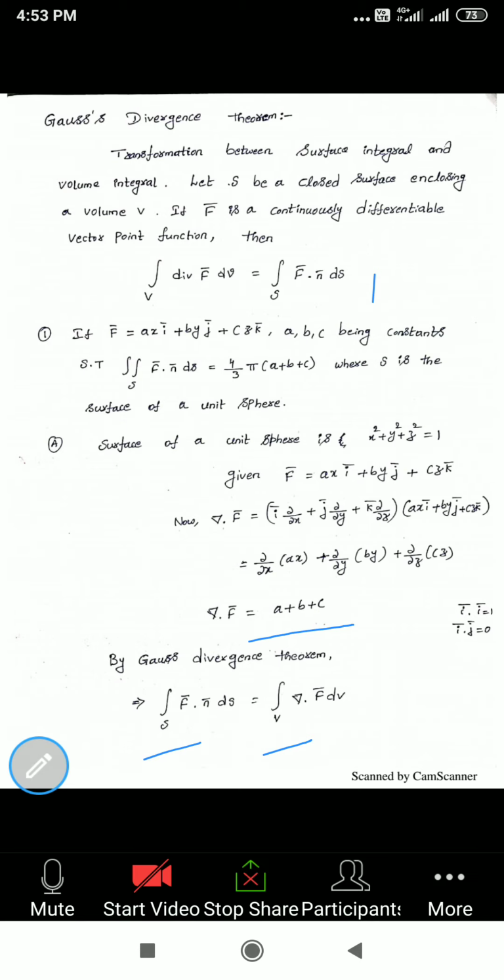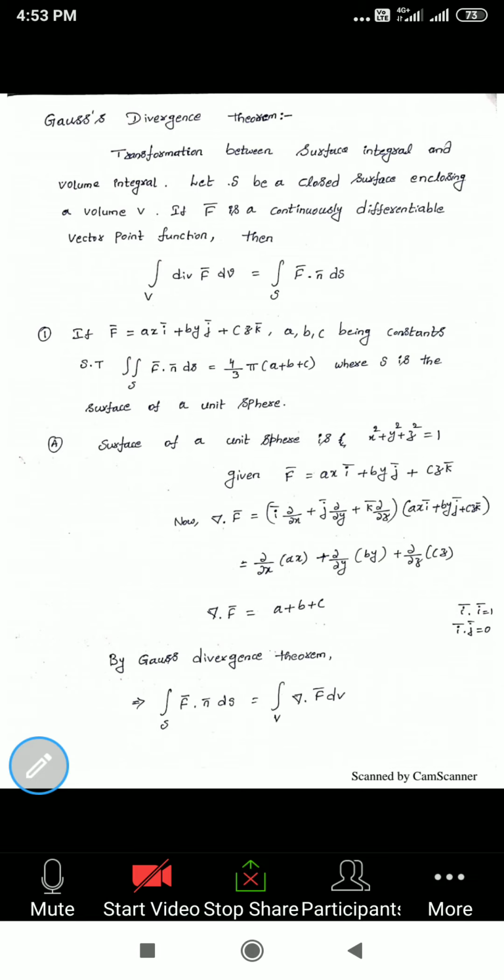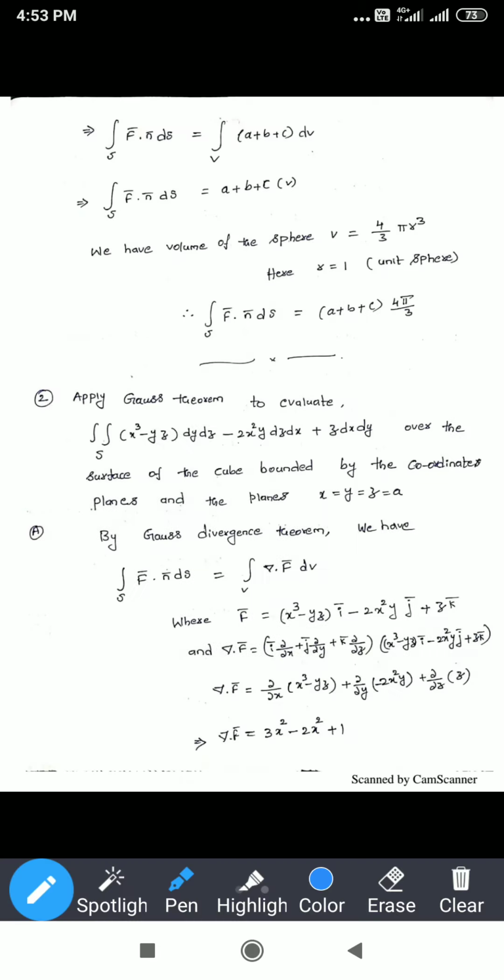Substituting the del dot f bar value, we get a plus b plus c dv. A plus b plus c is a constant, and the integral of dv gives v.